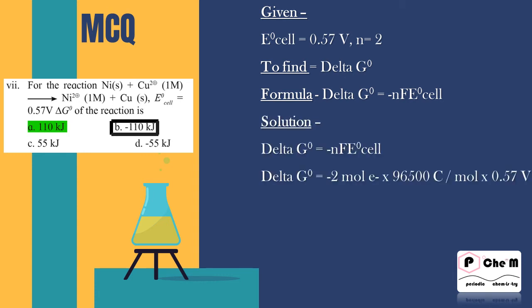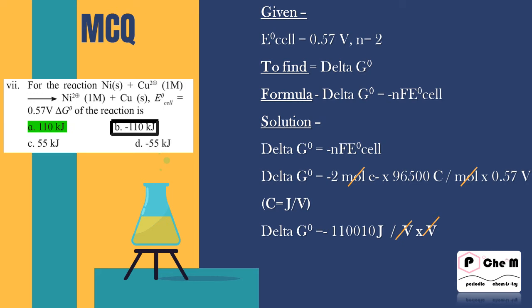Now let's plug the values in the equation. n is equal to 2 moles of electrons, F is 96500 coulomb per mole of electrons, and E naught cell is 0.57 volts. Moles and moles get cancelled out, and after doing the multiplication we get this answer. Remember the relation coulombs is equal to joule per volt, so we will plug this in so that volts and volts get cancelled out and we get the answer in joules.